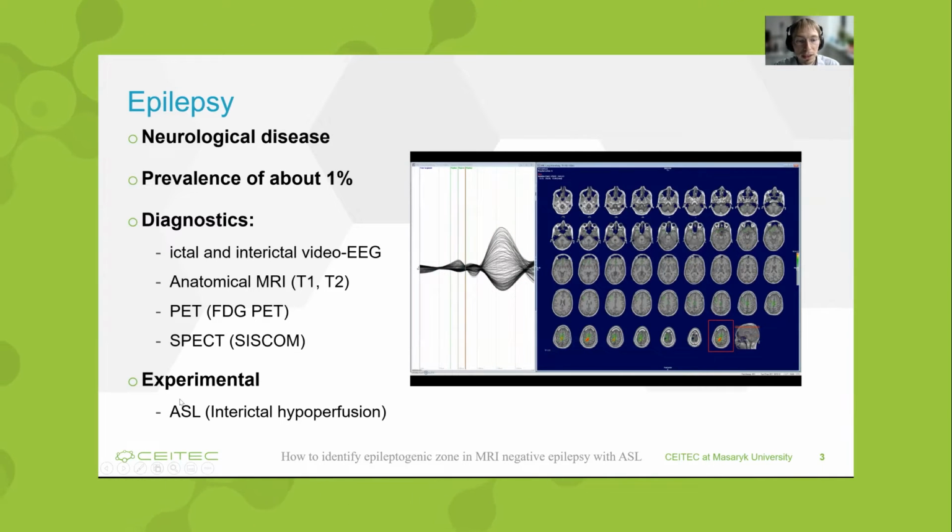And experimentally, you can use, for example, arterial spin labeling data where you are interested in interictal hypoperfusion. Here on the figure, you can see EEG recording from high-density EEG of an epileptogenic spike. And here is a reconstruction of such spike in source. So this is a special technique called electrical source imaging.